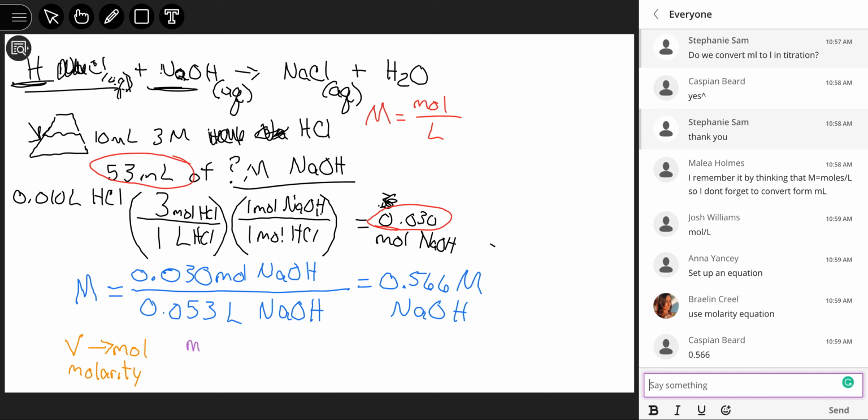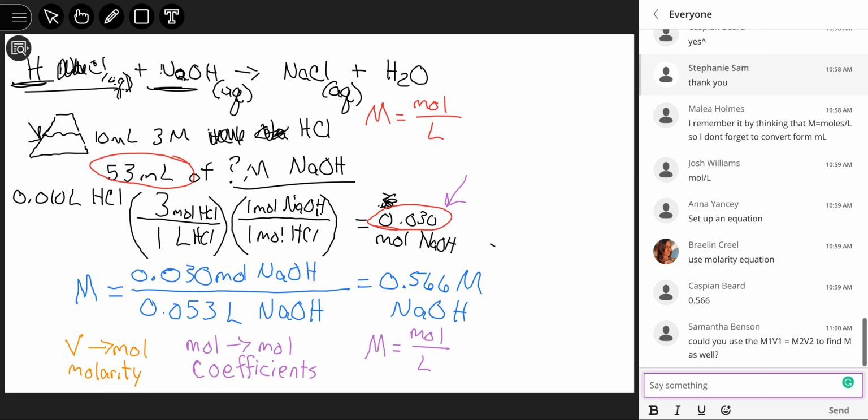If you're going moles to moles, use coefficients. And then keep in mind that molarity is moles over liters. So once you find out how many moles of sodium hydroxide there are, you're not quite finished. You've got to turn it into molarity.